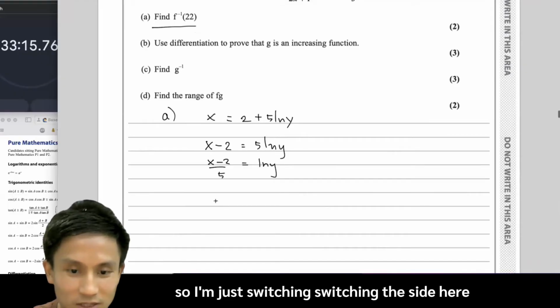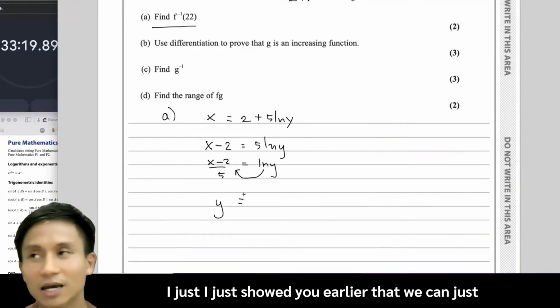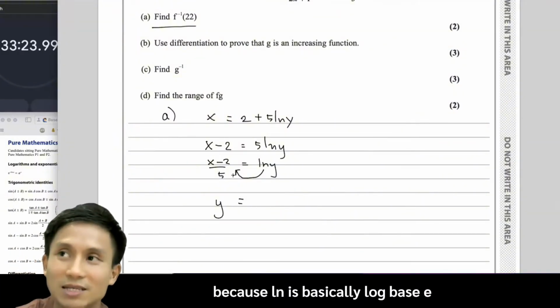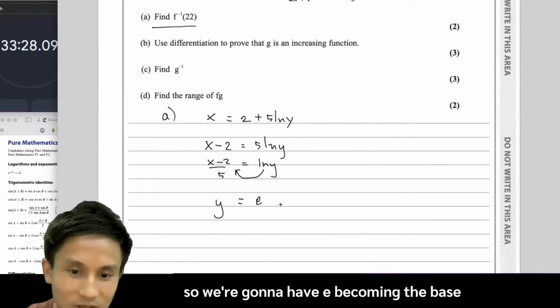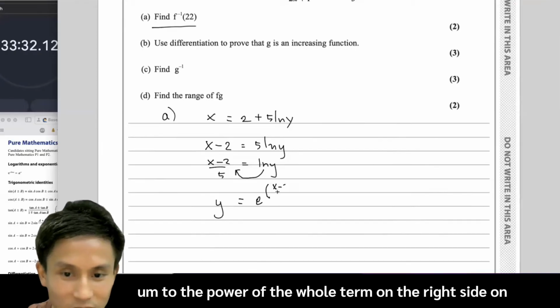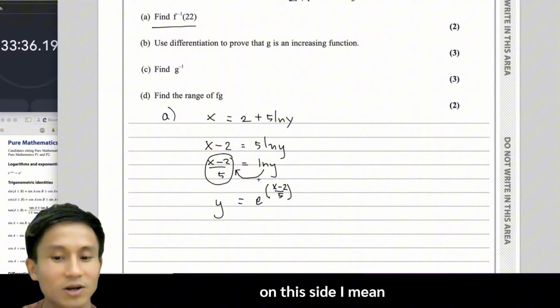So I'm just switching the side here. Ln y equals, again, guys, I just showed you earlier that ln is basically log base e. So we're going to have e becoming the base to the power of the whole term on the right side. All right.